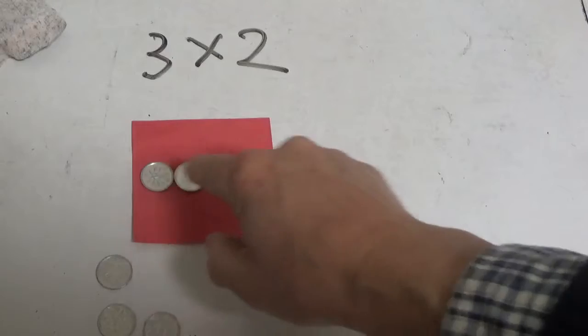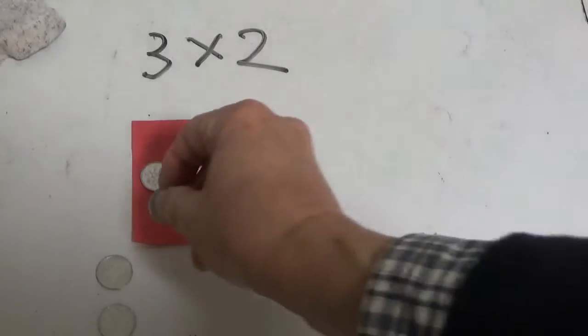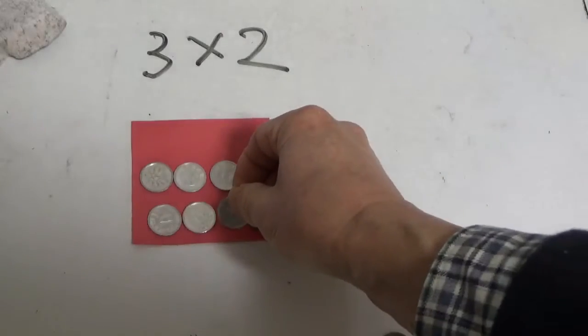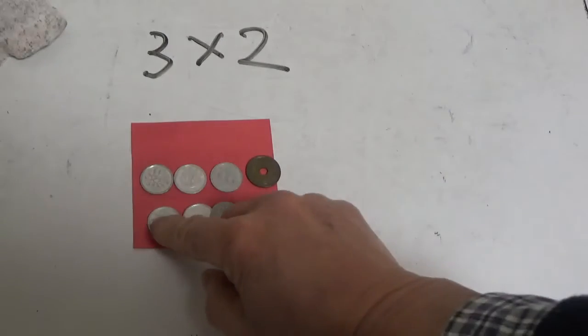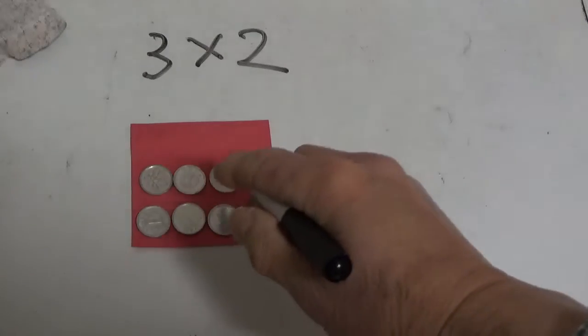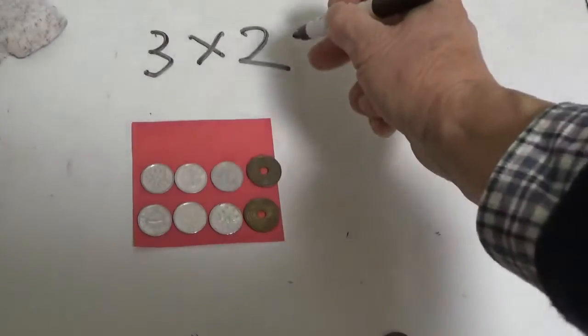Add 0 coins, 3 coins once, and twice. Add 3 coins twice to 0 coins. That is 1, 2, 3, 4, 5, 6. That is 6.